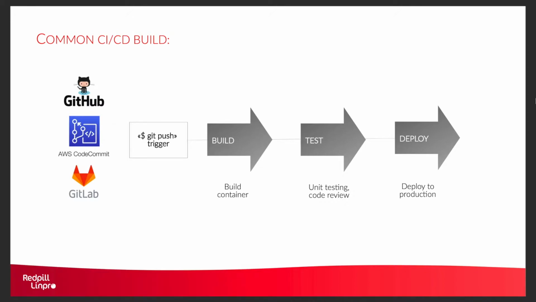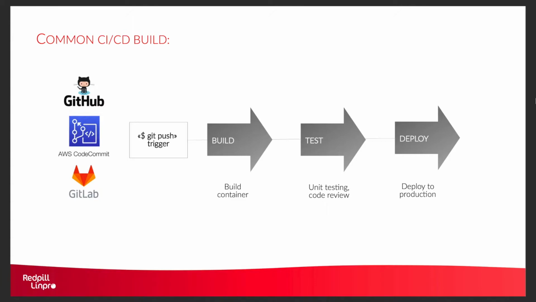The common CI/CD build is when you have a developer that works, for example, in GitHub, in AWS CodeCommit, or in, for example, GitLab. It could be anything, just a Git repo. You build your code and you want to get it to deployment. What is good about the DevOps pipelines is that it enables your developer to put their own code to production. When you do a Git push from your Git repo, you build a container.